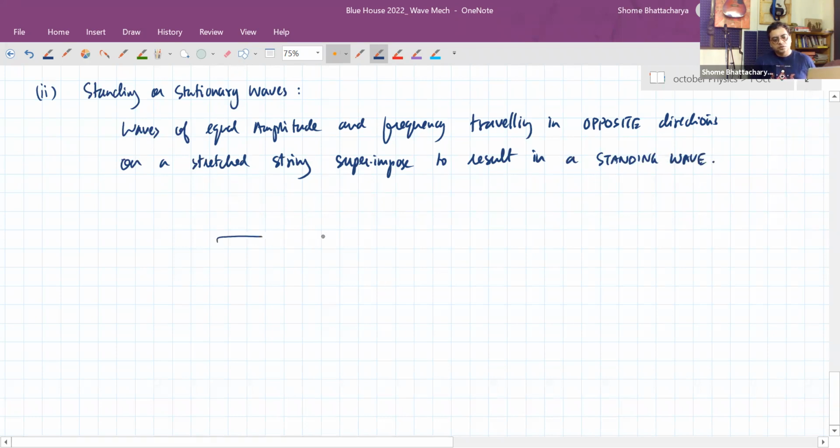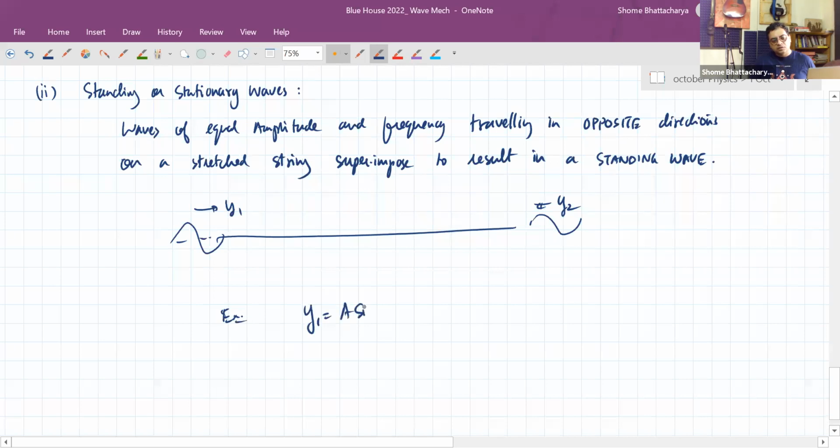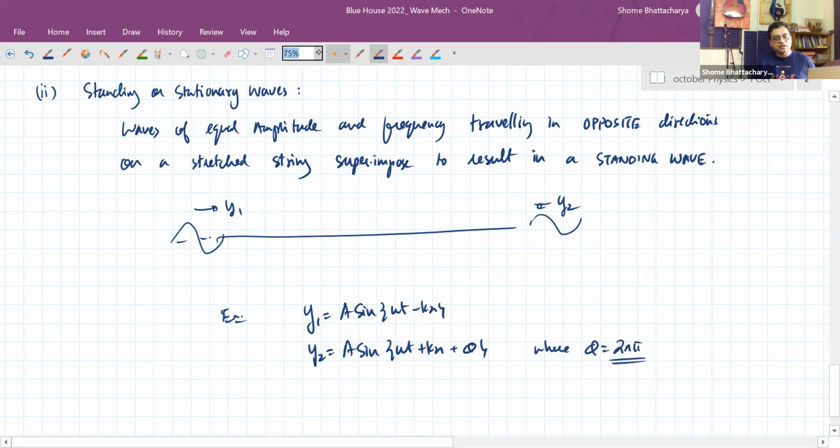So that on a string, if we have one wave coming from some source like this and another wave coming from some source like this. So the example that we took was like this, that if y1 is a sine omega t minus kx and y2 was a sine omega t minus kx, sorry, plus kx plus some phase constant, but where that phase constant is of the type 2 pi. That particular special case we had seen in the last lecture.